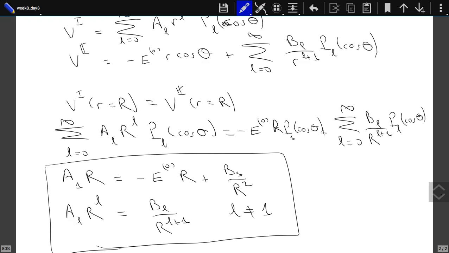This term only contributes to the coefficient of P1. It doesn't contribute to P2, neither P3, neither P4. So that is why only in the case of L equal to 1 do I have this contribution on the right-hand side. This term doesn't contribute to the coefficient of other Legendre polynomials.